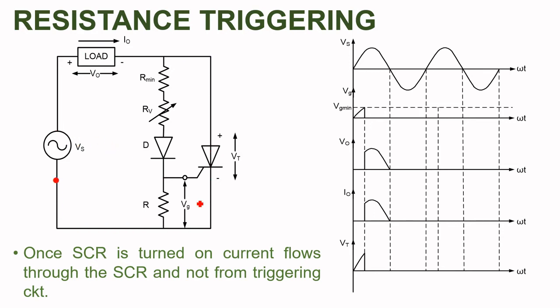Once the SCR is turned on, the current flowing through the SCR cannot be controlled by the SCR. It is now controlled by the magnitude of the source voltage and the impedance of the load. Under the on condition, the voltage across the SCR is equal to 0, or the on-state voltage drop in the practical case of SCR.